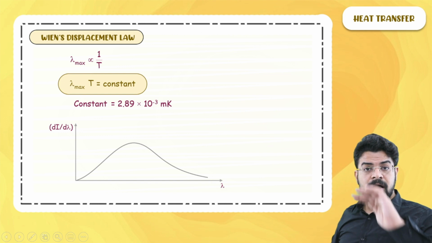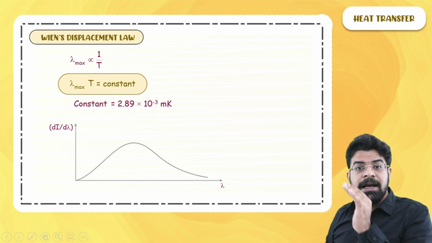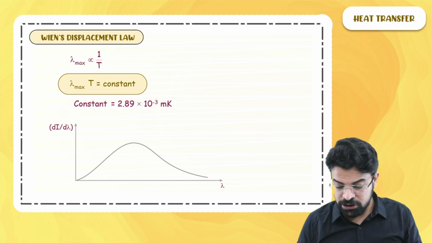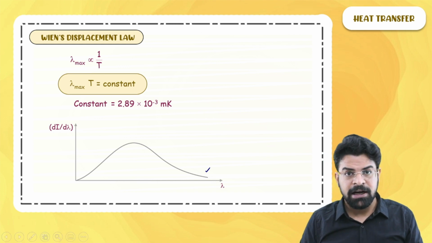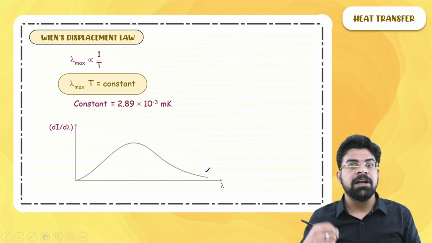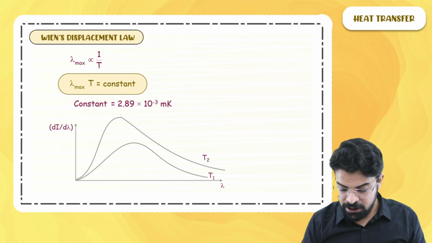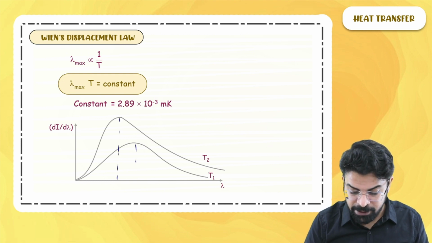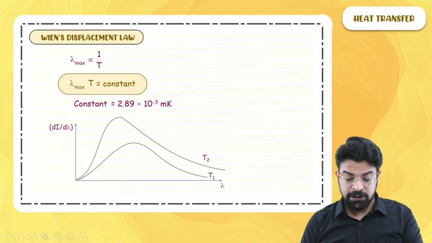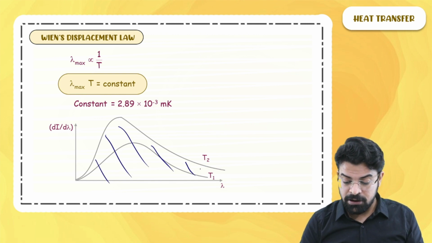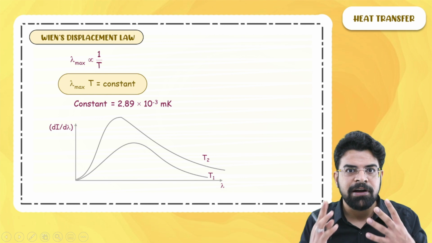So the area under the graph should increase and lambda max should decrease. The graph goes something like this. At a higher temperature, lambda max is less, but the area under the graph is more. Why? Because the power radiated will be more.